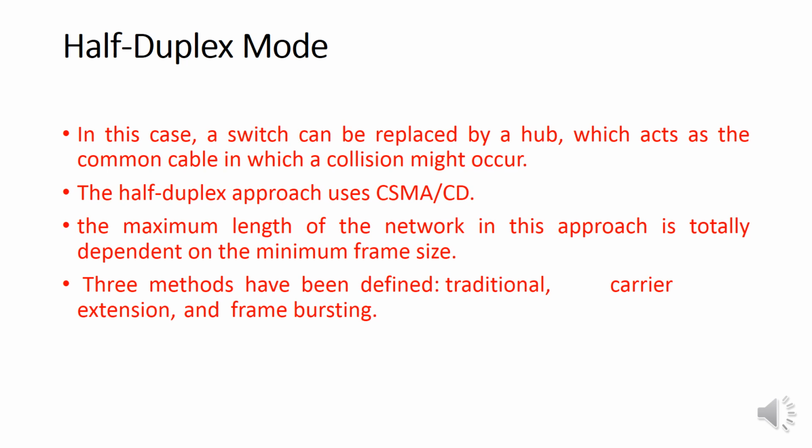In the case of full duplex, we used a switch, but in half duplex mode we can replace the switch by a hub, which acts as a common cable in which a collision might occur. In full duplex there is no question of collision, but here collision may occur. In full duplex, we are not using the CSMA concept, but the half duplex approach uses CSMA/CD, that is carrier sense multiple access with collision detection.